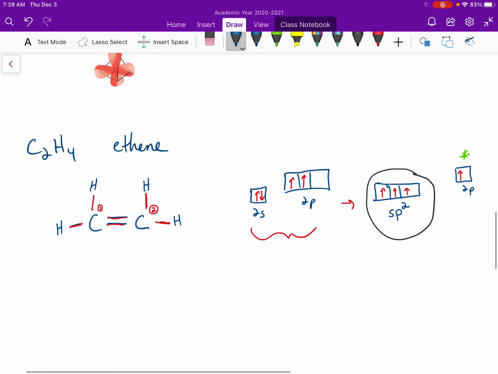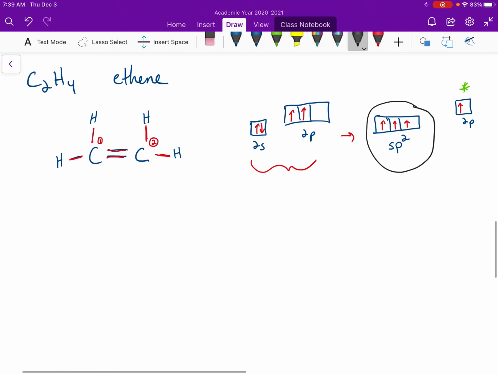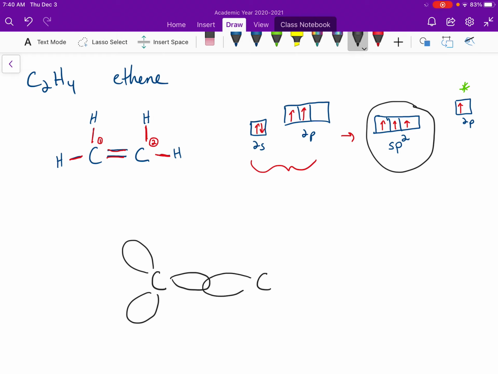So how does this work? Well, just like before, we're going to take this carbon on this side, and it's going to have its 3 hybridized orbitals. It only has 3. This carbon over here is going to have its 3 hybridized orbitals too.